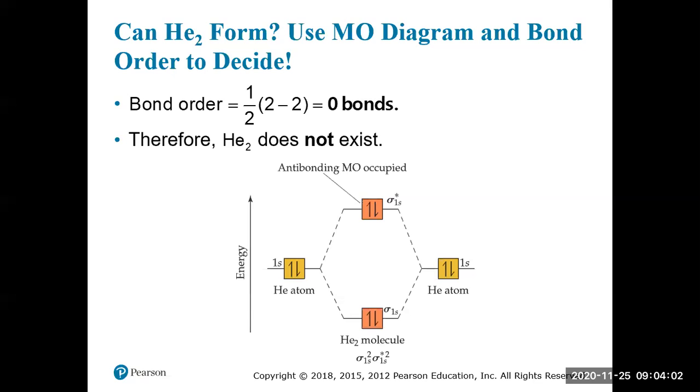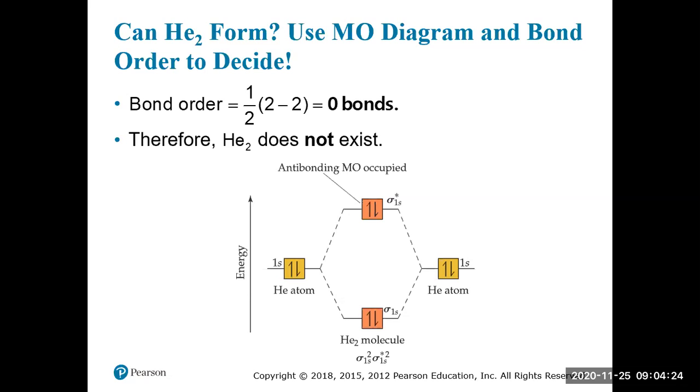That's 0, and 0 times a half is 0. So that tells us there's 0 bonds possible for this helium-helium combination. Based on this molecular orbital energy diagram, He2 does not exist.